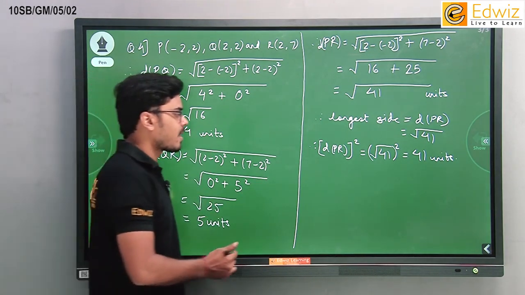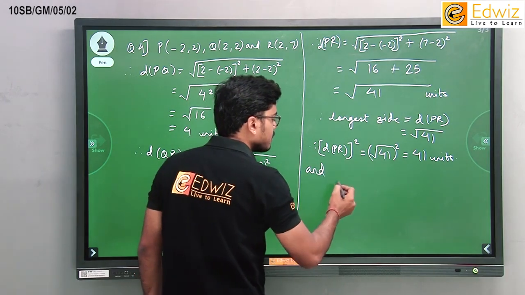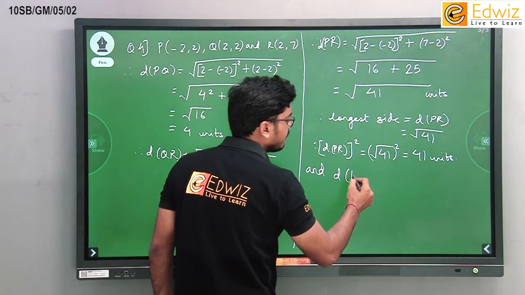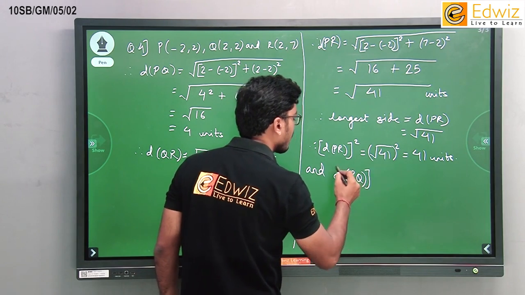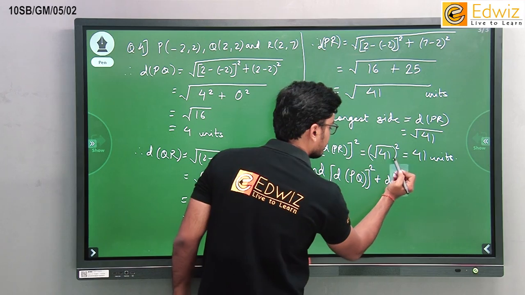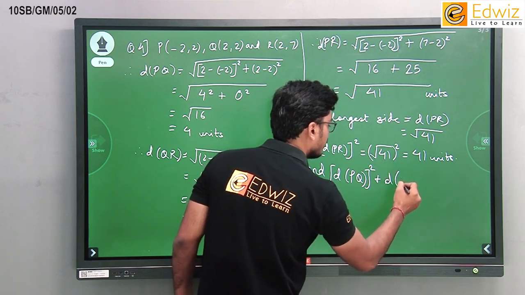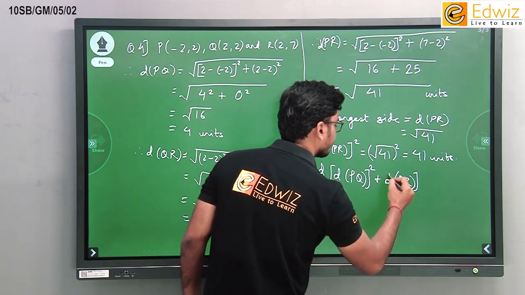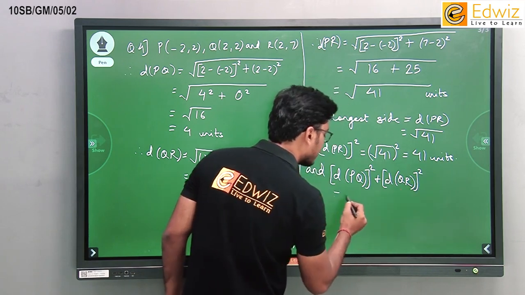Let us check that. And distance PQ square plus distance QR square, this will be equal to how much?